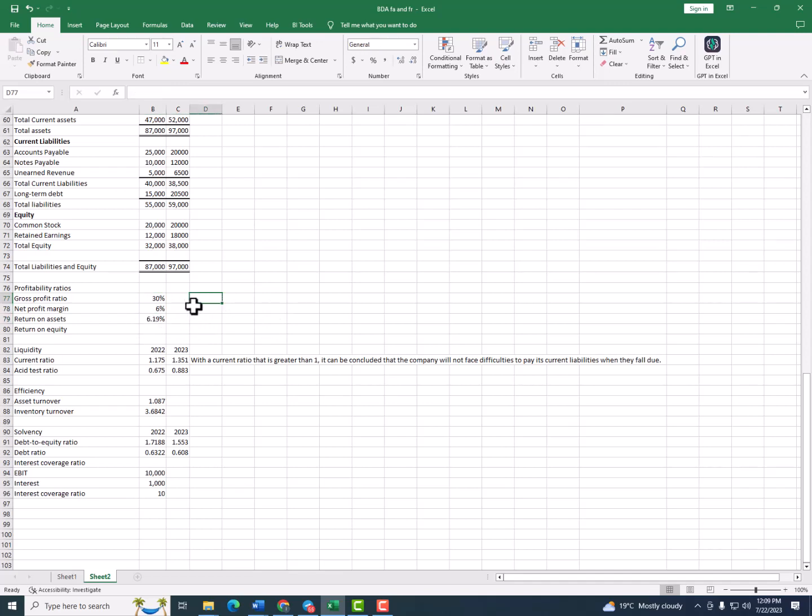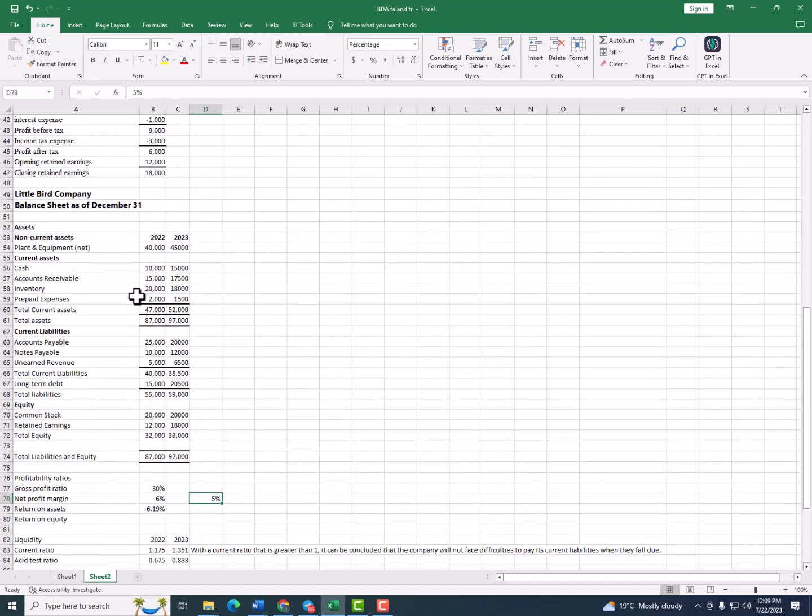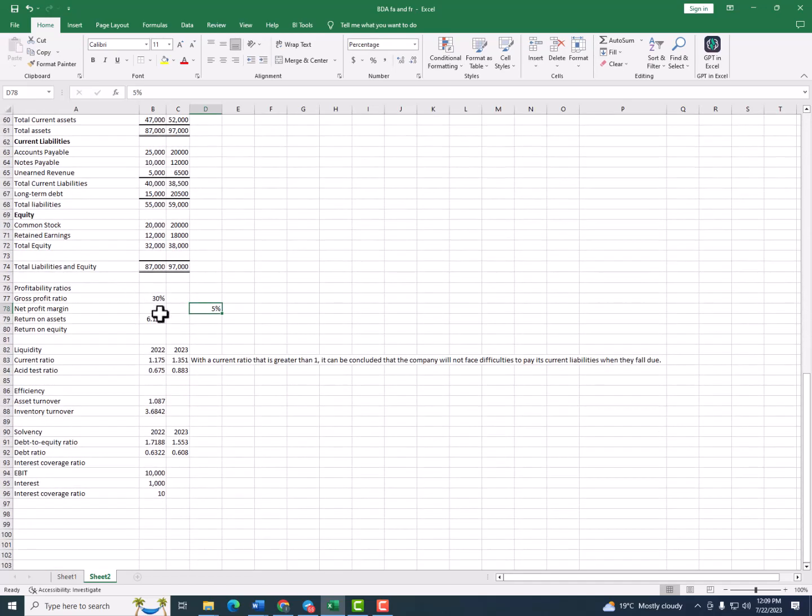Let's say, for instance, the average net profit ratio is 5%. The average industry is 5%. So you can say Little Bird Company recorded a higher profitability margin than the industry average, implying that it is more profitable than the industry, right?